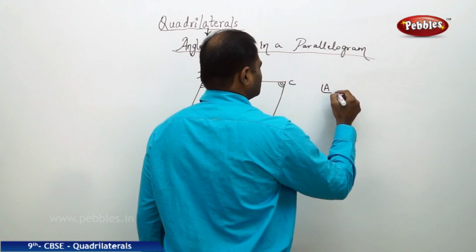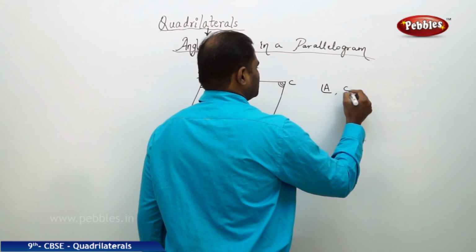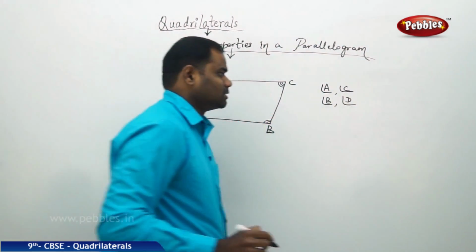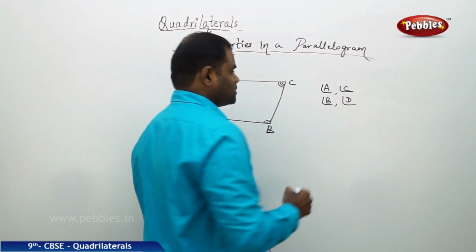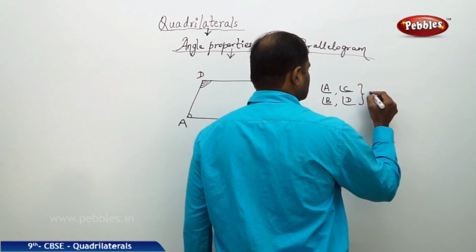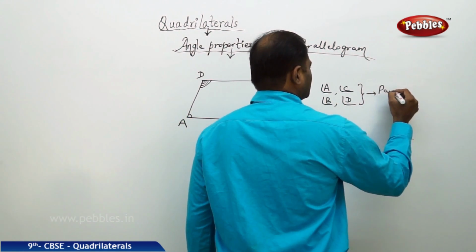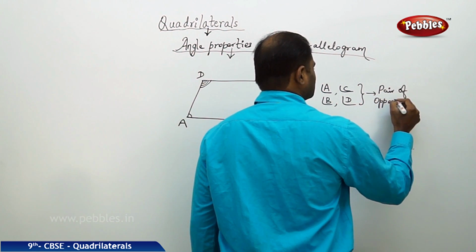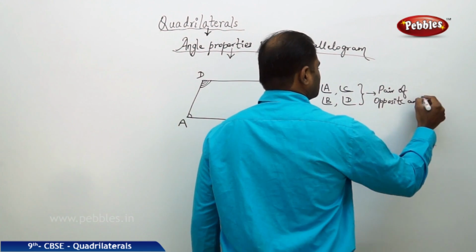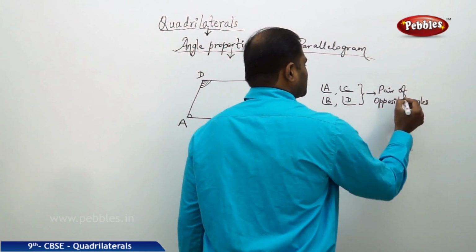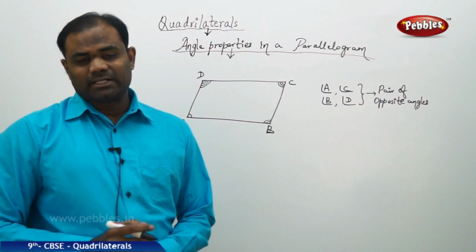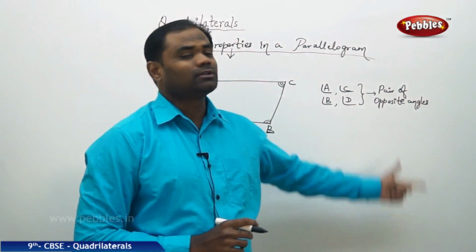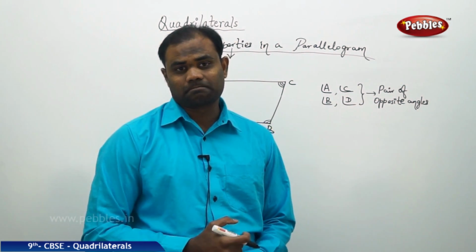Angle A, angle C, angle B and angle D are called pair of opposite angles. So let's see in today's session about the property which connects with opposite angles in a parallelogram.